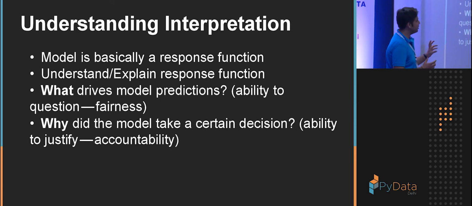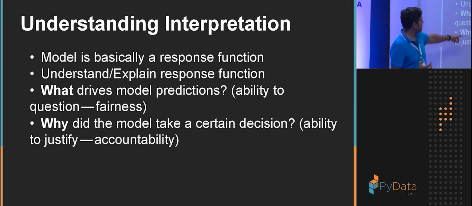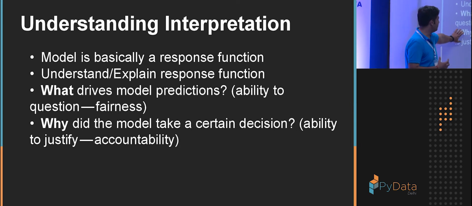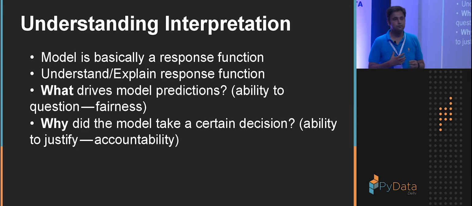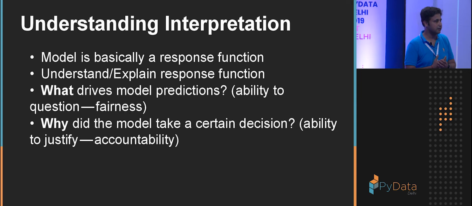There are certain aspects: what drives the model prediction, how fair your model is, and why the model took a certain decision. That is, if you have a certain amount of data and on a particular data point a model has taken a decision, why was that decision taken?